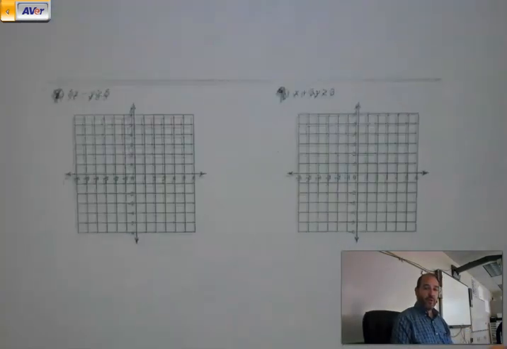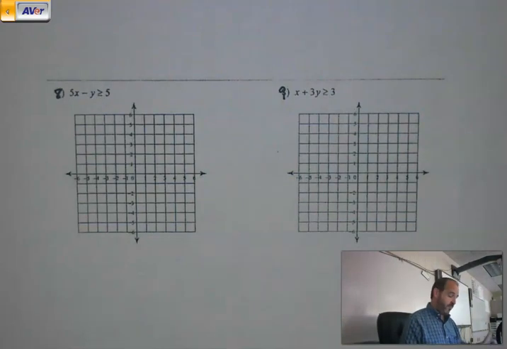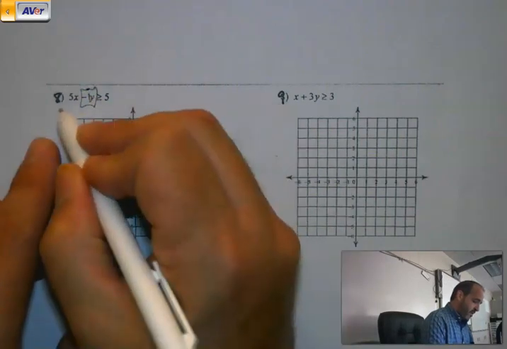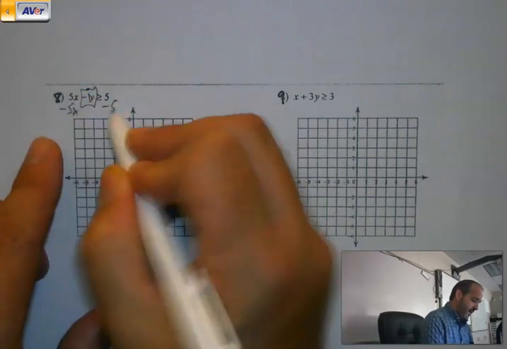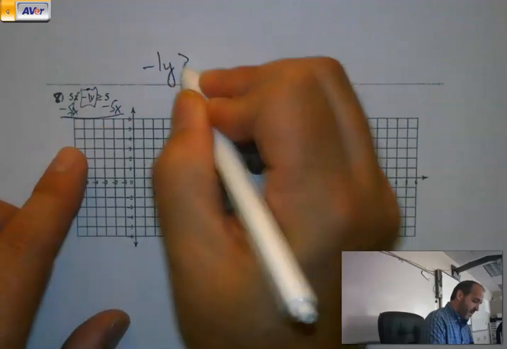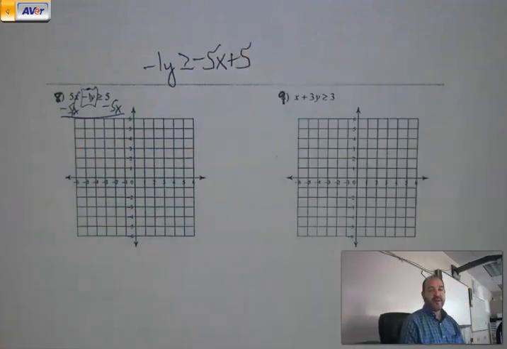Now, the last two, we have to do a little bit of work because these are not in y equals yet. So, job number 1, we want these in y equals. So, I'm going to subtract 5x. Now, you may wonder, Hardy, why can't you just write 5 minus 5x?